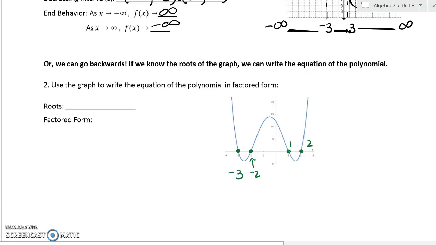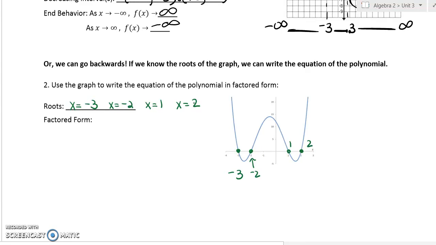So it looks like it's degree 4. So here are the roots: x equals negative 3, x equals negative 2, x equals 1, and x equals 2.